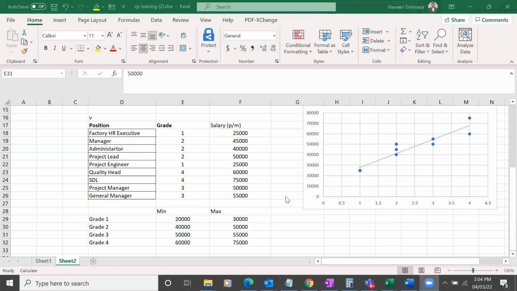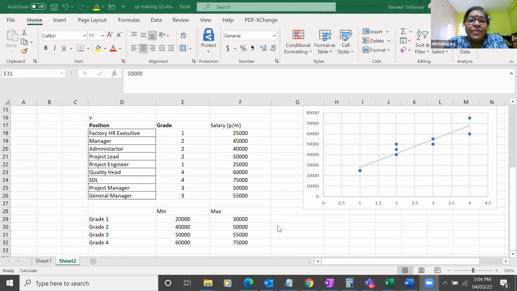Please put up the job grading work you all did last time. I'm just opening it.